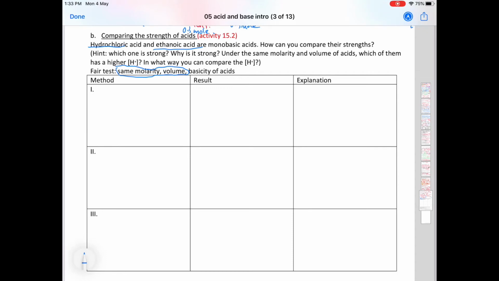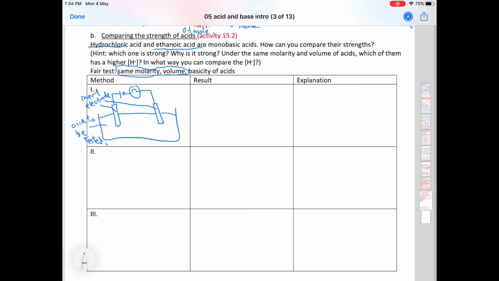Maybe I draw you several setups and you think of why they work. This is the first method: connecting a light bulb with a battery and two inert electrodes.